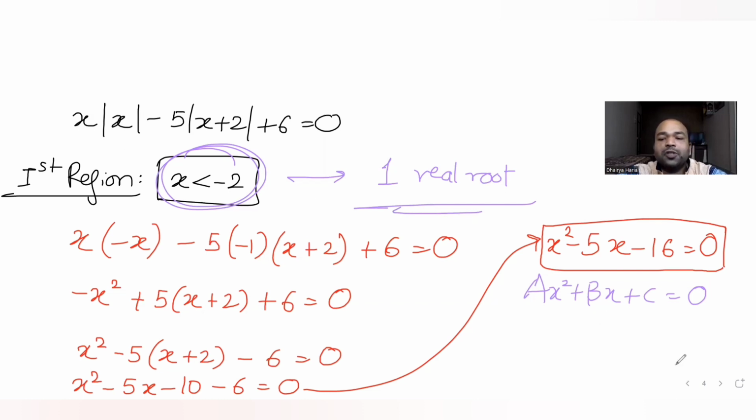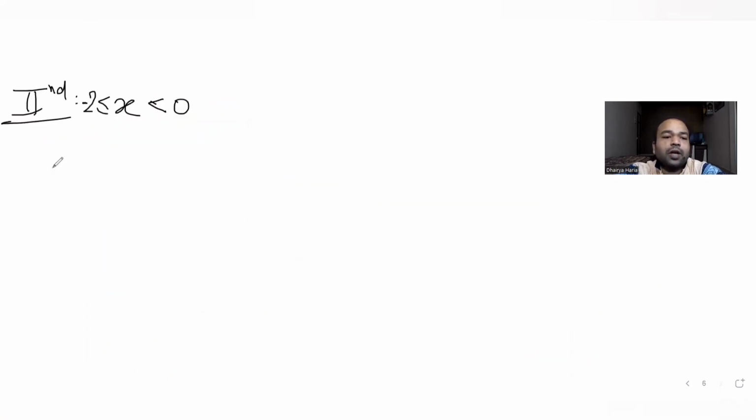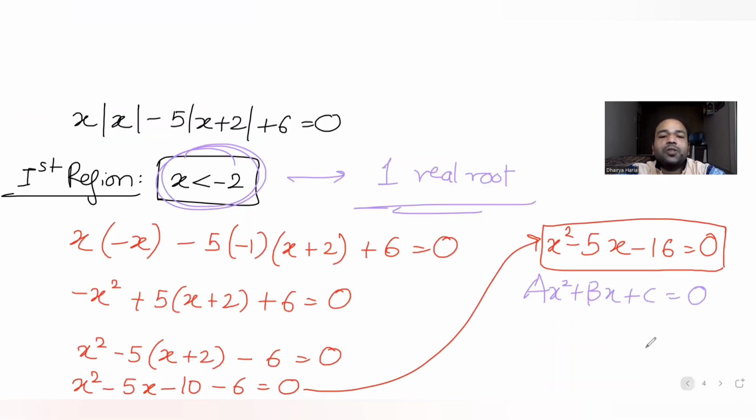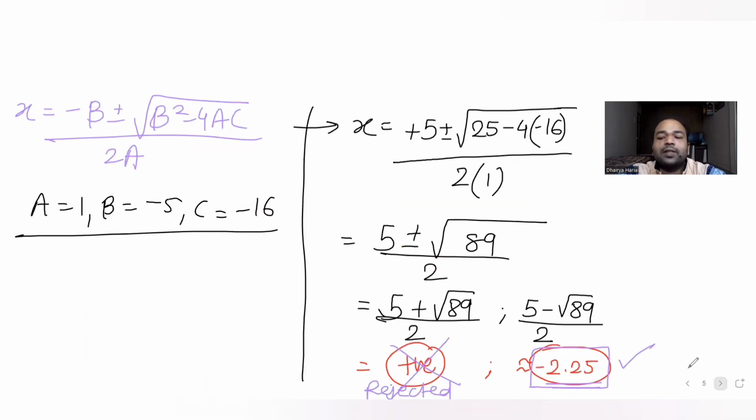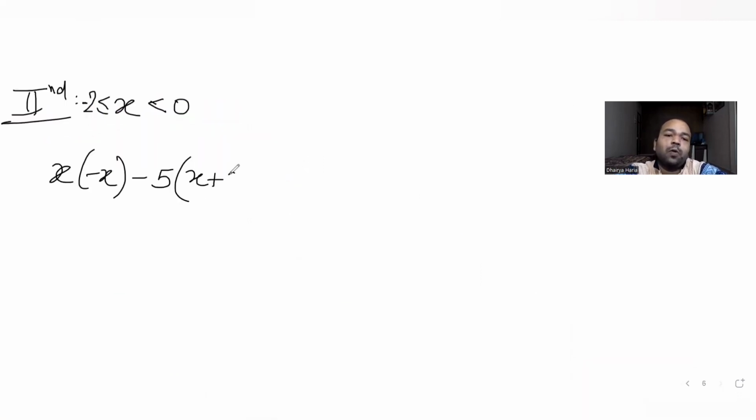So the first expression remains negative, you get the expression inside the mod negative, you multiply that with minus 1. So you get the quadratic as x into minus x minus 5. The second expression, since it is positive, you write it as it is. So x plus 2 plus 6 equal to 0.